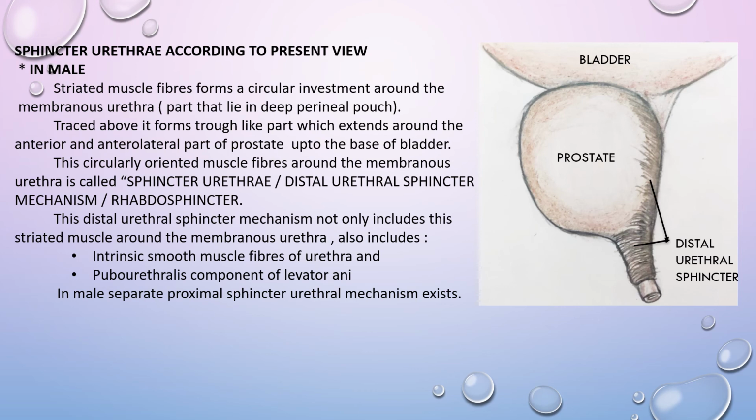These circularly oriented muscle fibers around the membranous urethra are called sphincter urethrae or distal urethral sphincter mechanism or rhabdosphincter. This distal urethral sphincter mechanism not only includes this striated muscle around the membranous urethra, it also includes the intrinsic smooth muscle fibers of the urethra and the pubourethralis component of levator ani.